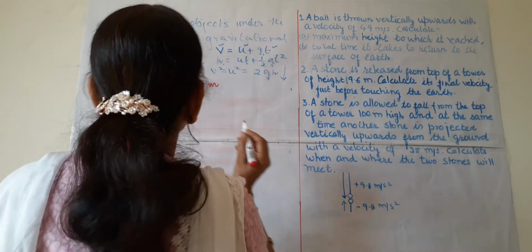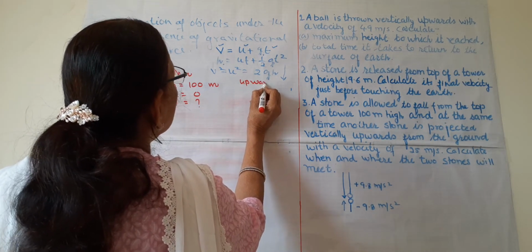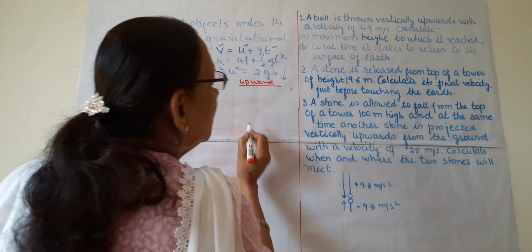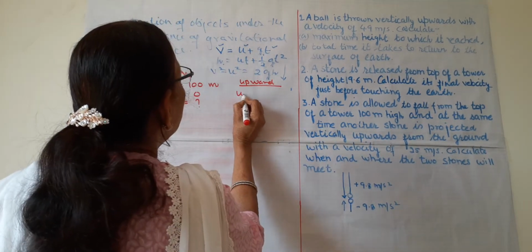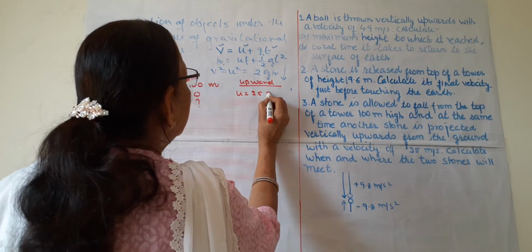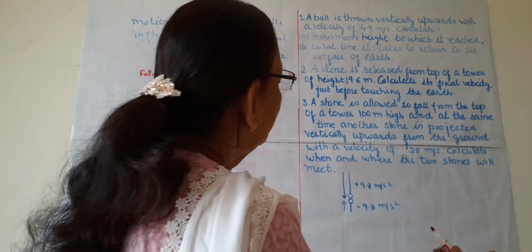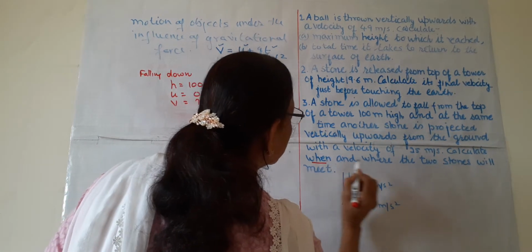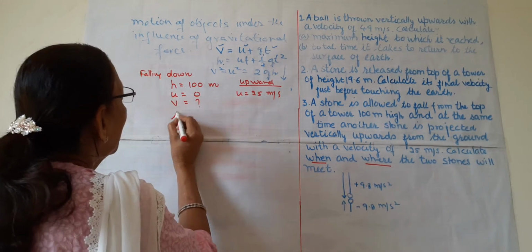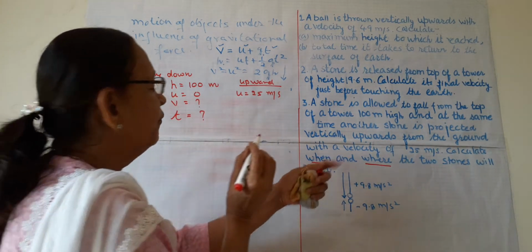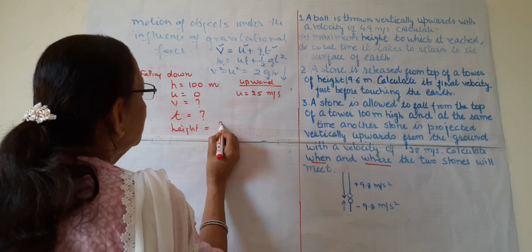Another stone is projected vertically up. For the upward stone from the ground, its u is 25 meter per second. We will calculate when and where the two stones will meet. When means we have to calculate time, and where means the height where the two stones meet.